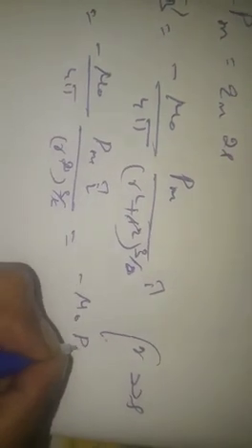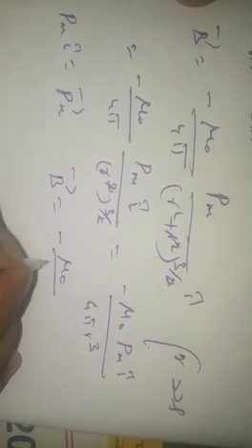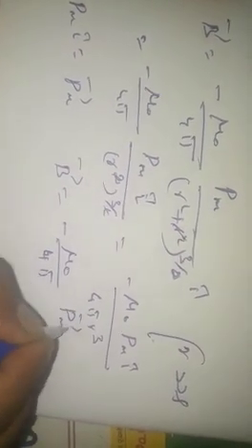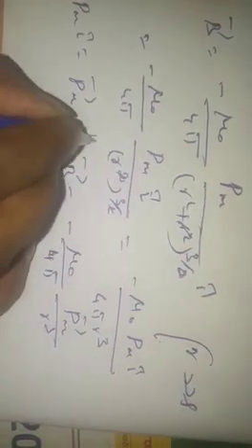But 2 gets cancelled. So minus mu naught Pm I cap divided by 4 pi R cube. We know that Pm I cap is equal to Pm vector. So simply B vector is equal to minus mu naught by 4 pi into Pm vector divided by R cube.